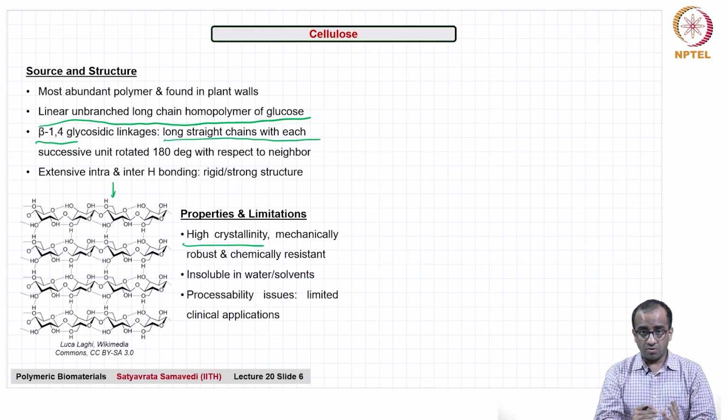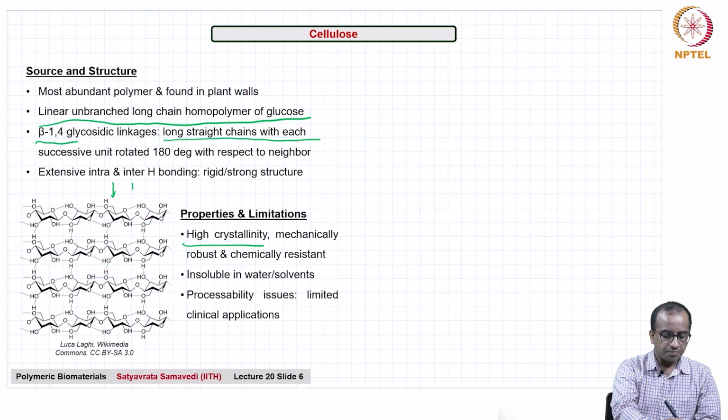And one interesting aspect about cellulose is they also have a very strong and rigid structure because of extensive intra and intermolecular hydrogen bonding. So, between chains and within a given chain, they have extensive hydrogen bonding, which makes them extremely rigid and strong, like so.